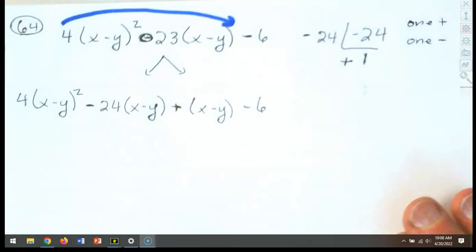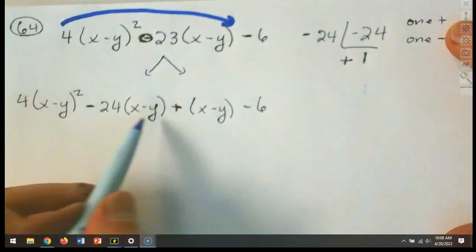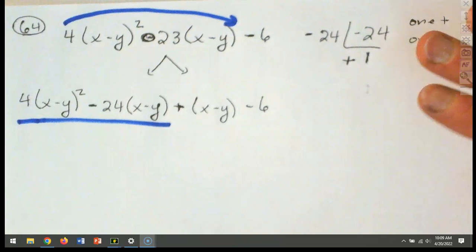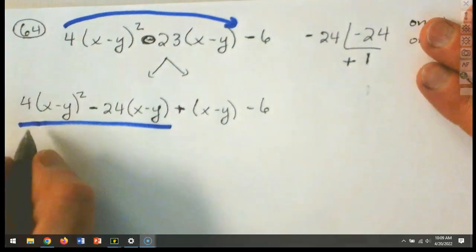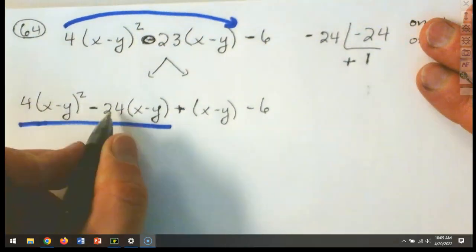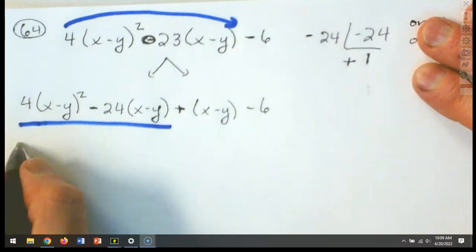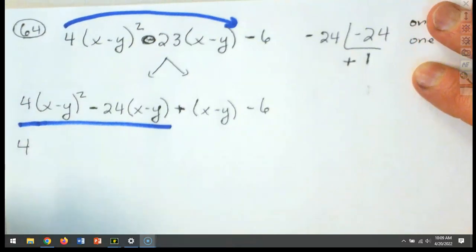Now, what do we know about the first two? Okay, what do they have in common? We've got a 24 and a 4, so what numbers do they have in common here? 4 and 24, not a 6, they have a 4 in common, don't they?